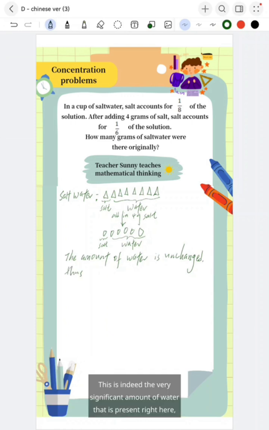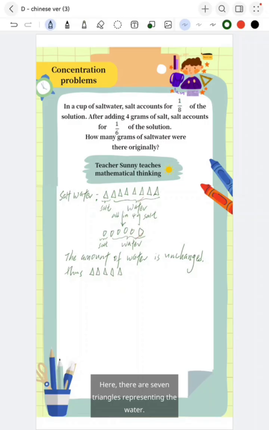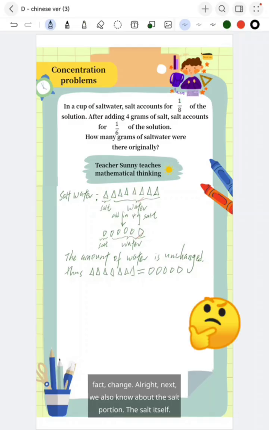This is the amount of water present here, and this is the amount of water over here. Here there are 7 triangles representing the water. And after adding 4 grams of salt, the overall amount of water, which is still 5 parts, remains the same. The total amount of water does not change.